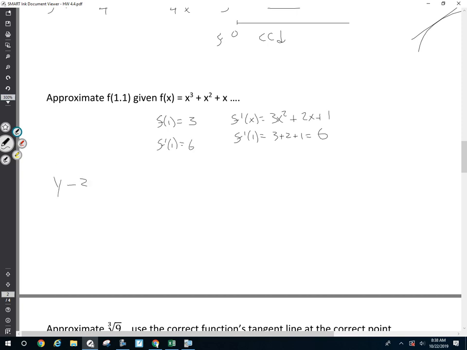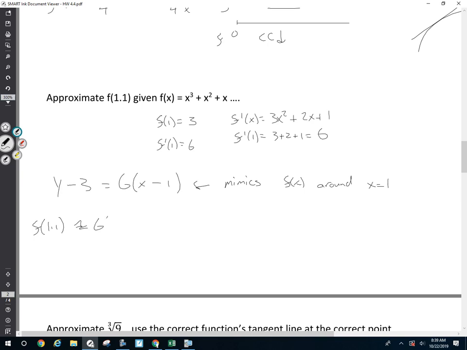I have my equation of my tangent line at (1, 3). And I'm just going to write this down for emphasis, this mimics f of x, which is x cubed plus x squared plus x, around x equals 1. So since that mimics f of x around x equals 1, it'll do a good job of approximating f of 1.1. F of 1.1 is the y. Add the 3 over, plug in 1.1 for x.